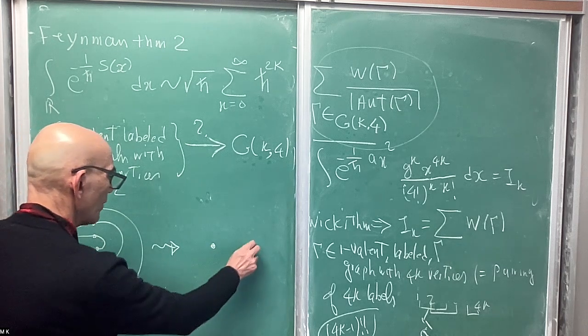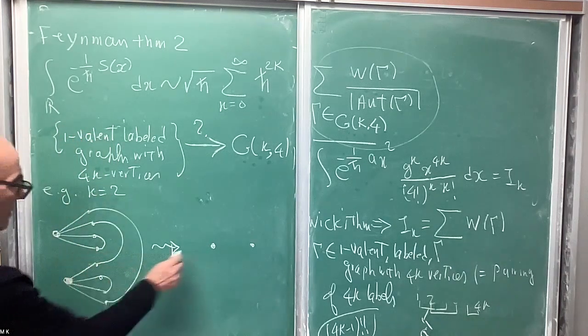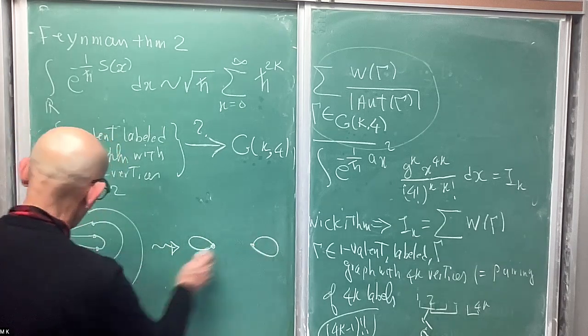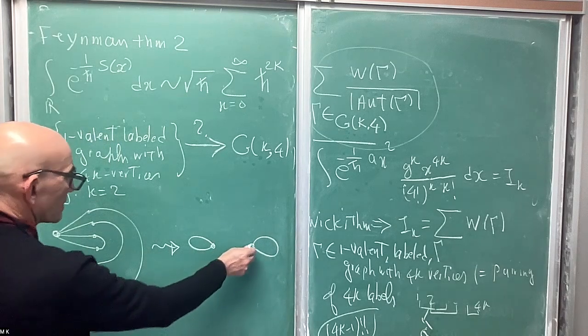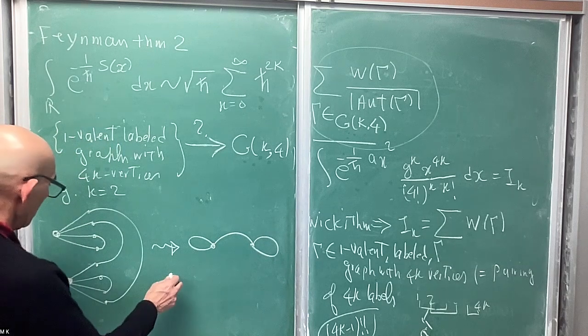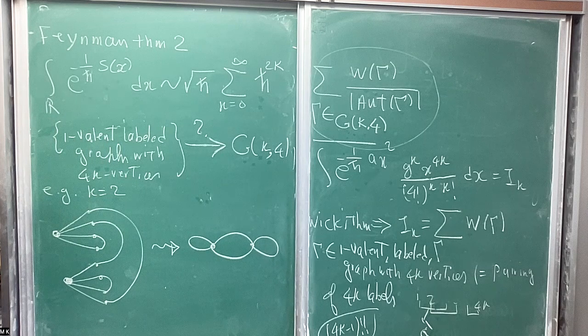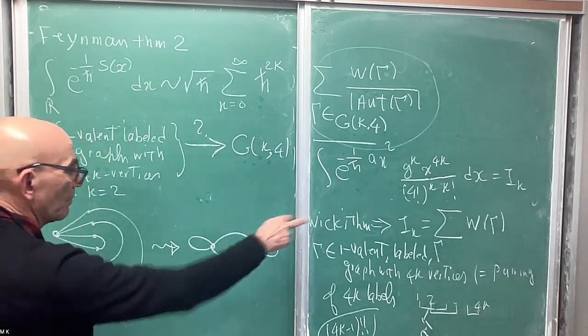We have 2 vertices, k is equal to 2. And if you think about it, we have this thing here, and we have this here. One connecting edge like this, and then there is another connecting edge. Now how do we use this graph to get W of gamma?